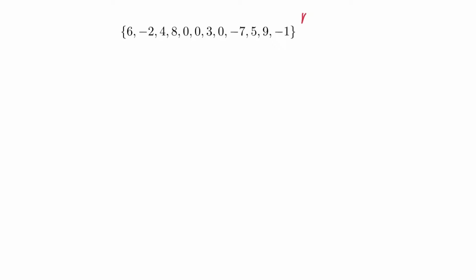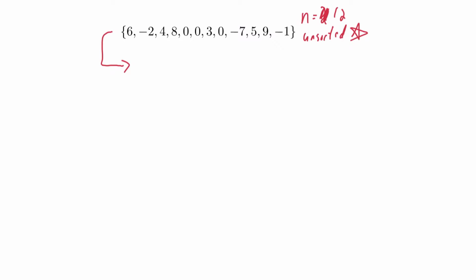Okay, so let's look at another example. Here, I have n equals 12 elements, I believe. Yes? And it's unsorted. So our first step should be to sort the data. This is necessary to compute the median and the quartiles. It's not necessary to compute the mean and the variance.